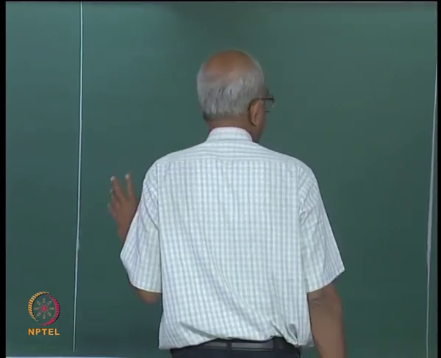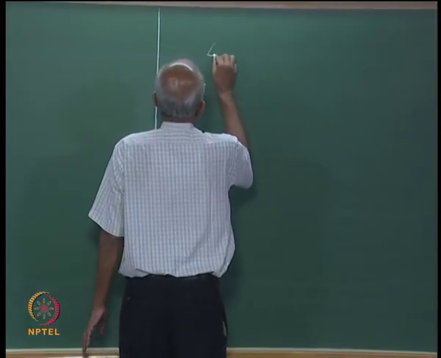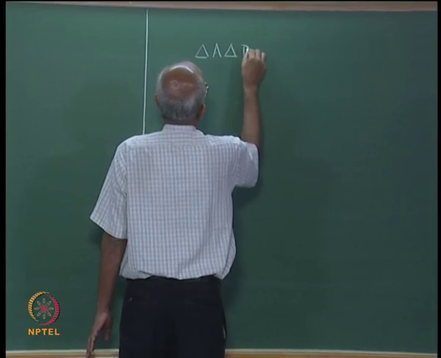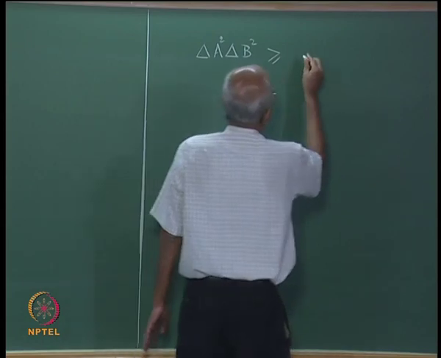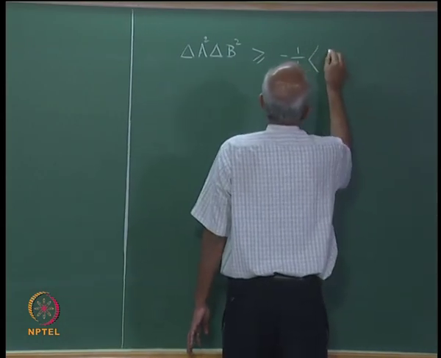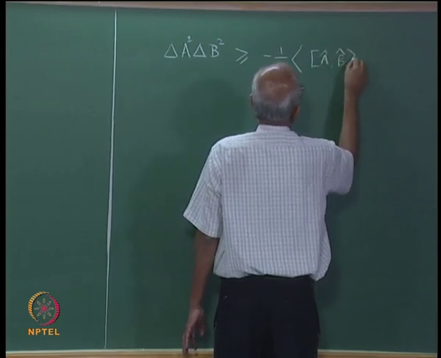And I also told you that this is actually a special case of a generalized uncertainty principle, which says that delta A into delta B must be greater than or equal to minus 1 by 4 expectation value of the commutator of A with B.